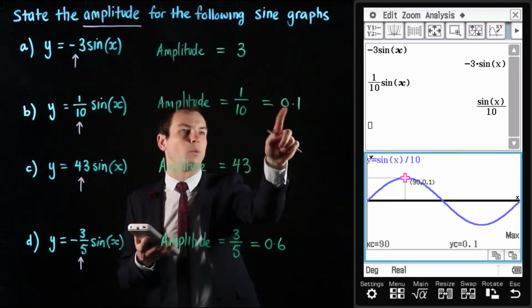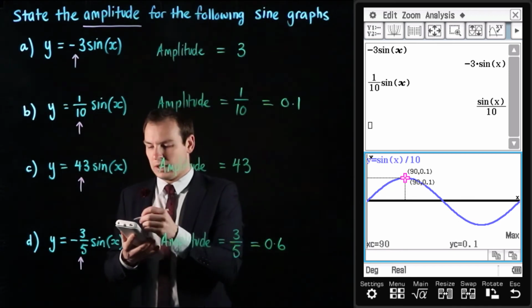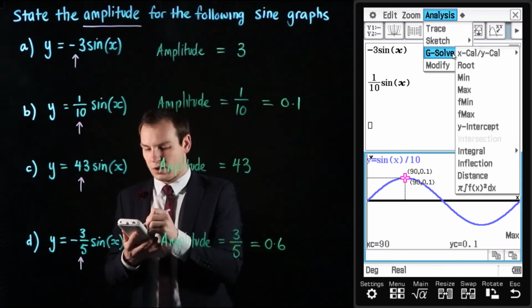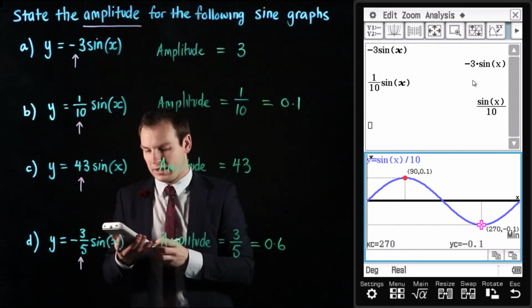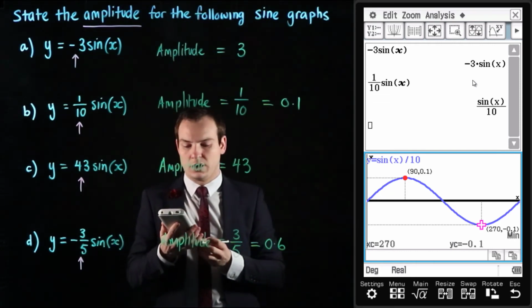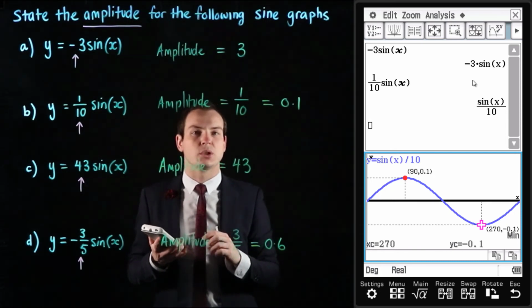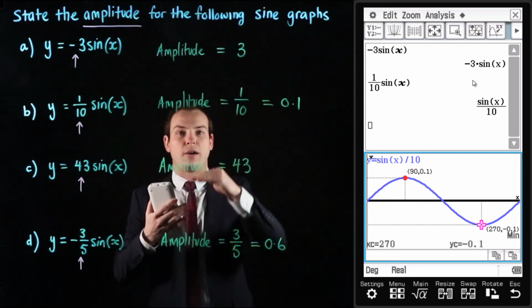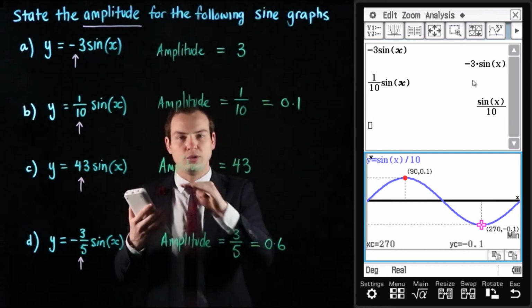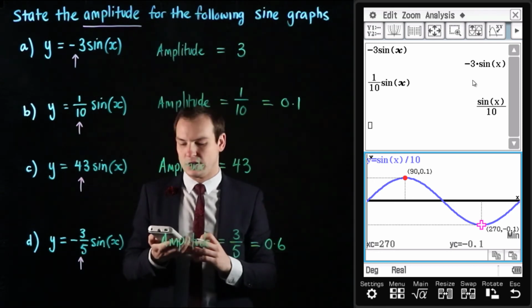So that 0.1 is based around this amplitude value. And if we go analysis G-solve min, we'll find that that is going to be a coordinate of 270, negative 0.1. So again, that amplitude's how far above and how far below the center y value, which is at y equals 0, this function reaches.